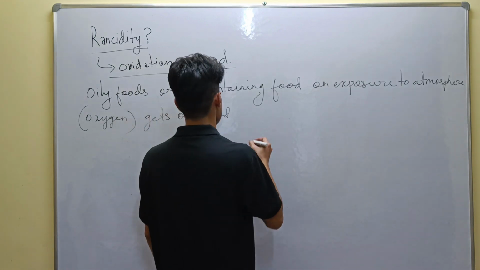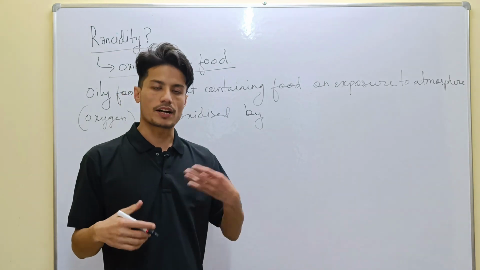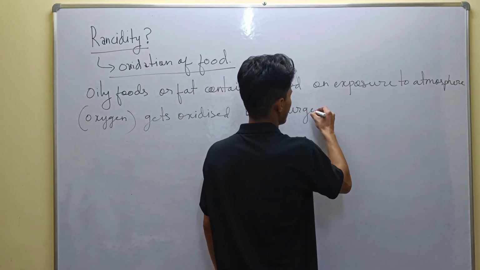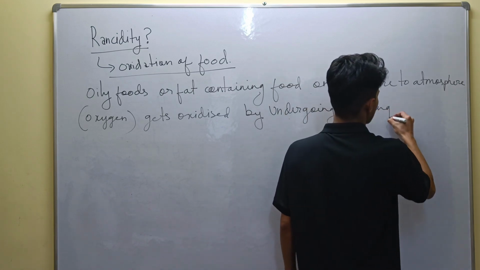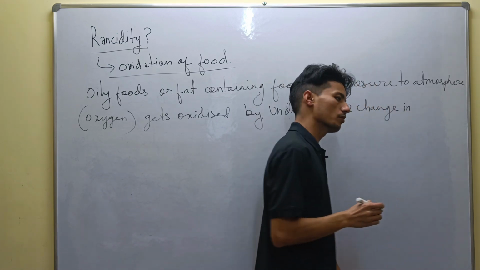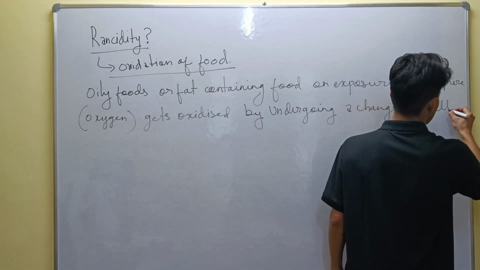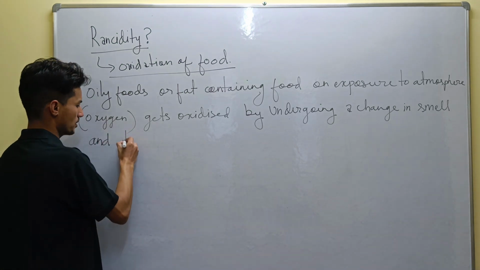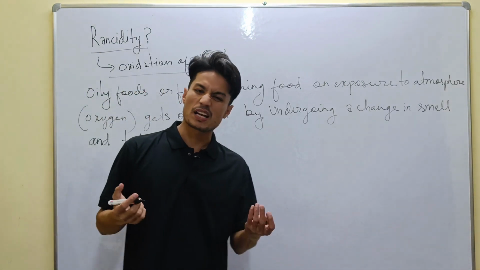But how do we know that they have undergone oxidation? By undergoing a change in what? Smell and taste. So their taste will be different, their smell will also be different.